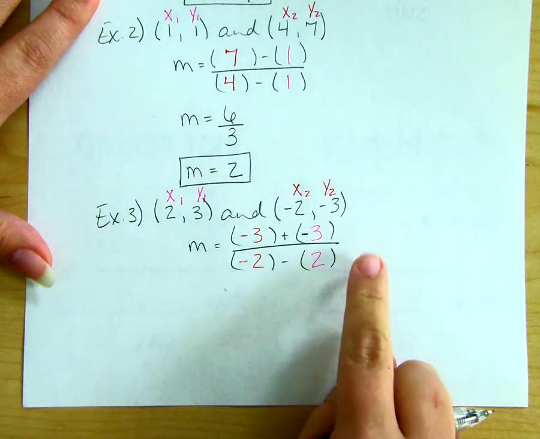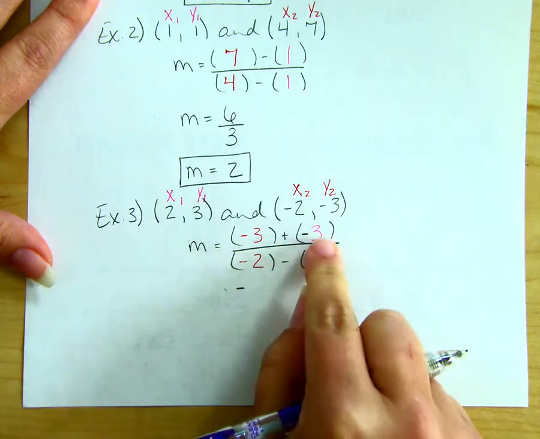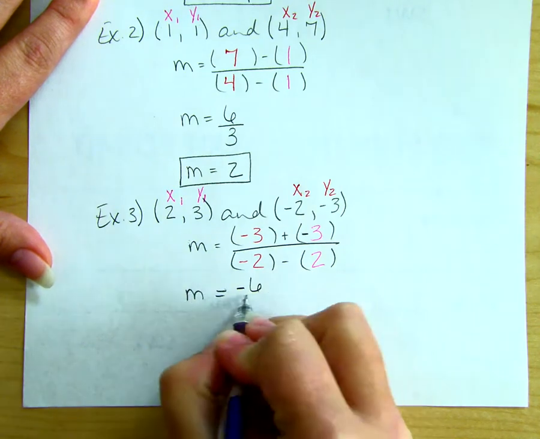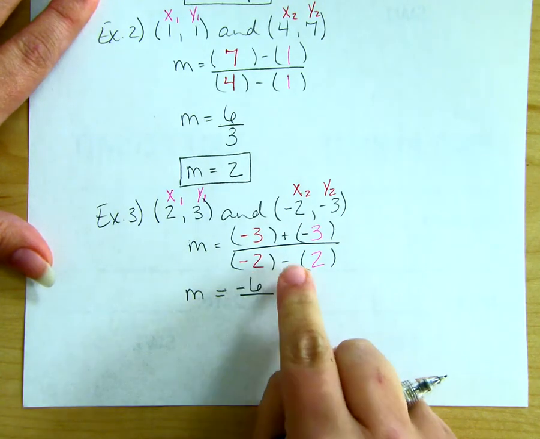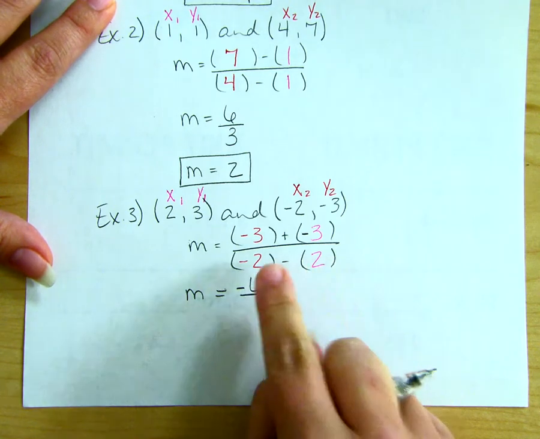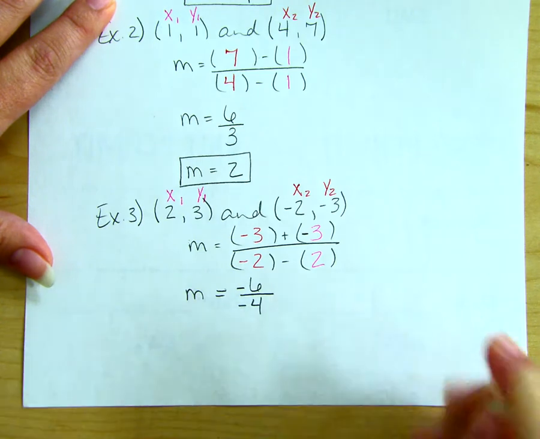And if I add two negatives together, I'm going to carry the sign and add the terms. So 3 plus 3 is 6. Then I have negative 2 minus 2, which is the same thing as saying negative 2 plus a negative 2, which is going to give me negative 4.